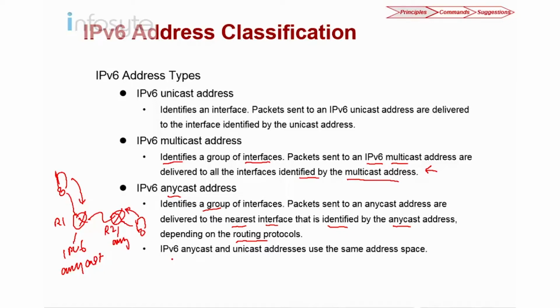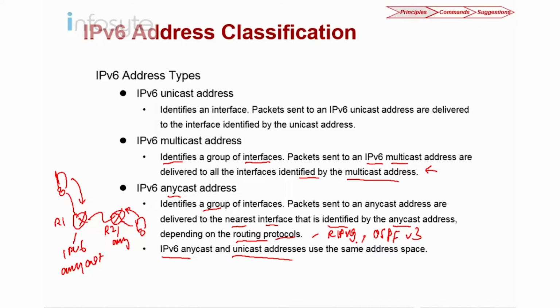So the IPv6 anycast is basically a unicast address, just like the normal unicast address, but now you look into the routing protocol. It can be RIP, it can be OSPF. Depending on the routing information, it will send you to the nearest router.